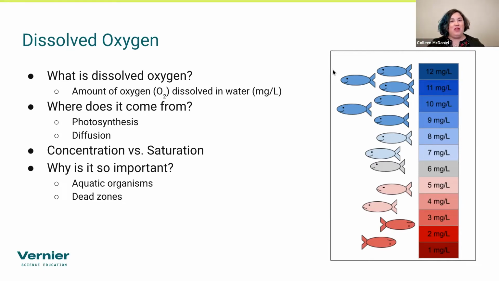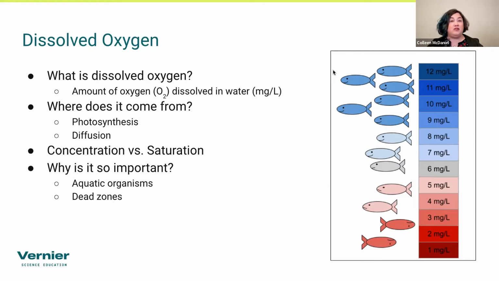So a lot of times we have to talk about why is dissolved oxygen so important? Well, it's very much the same as why oxygen is important for terrestrial animals. Aquatic organisms like fish need to be able to breathe. And I say breathe in a very generic, loose term, because they're going to be extracting the oxygen from the water to actually be able to do cellular respiration.